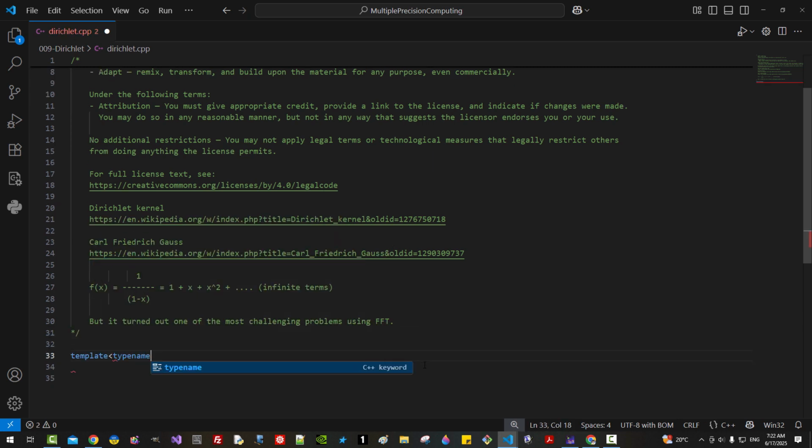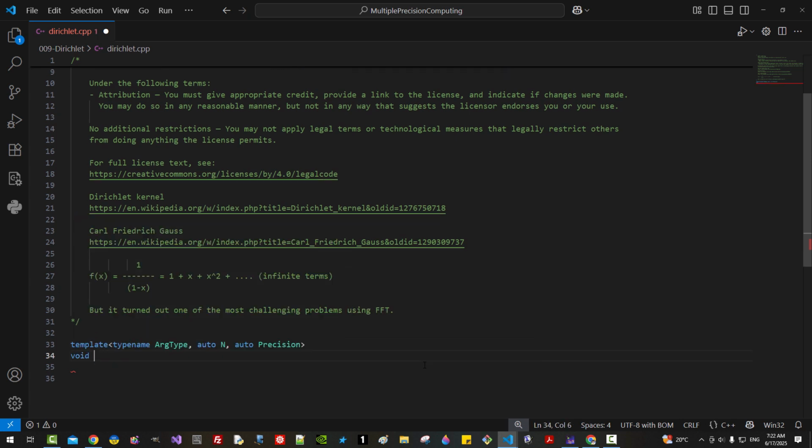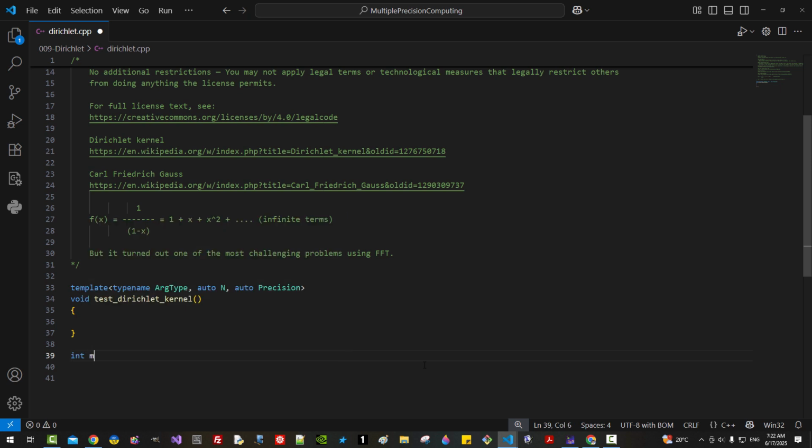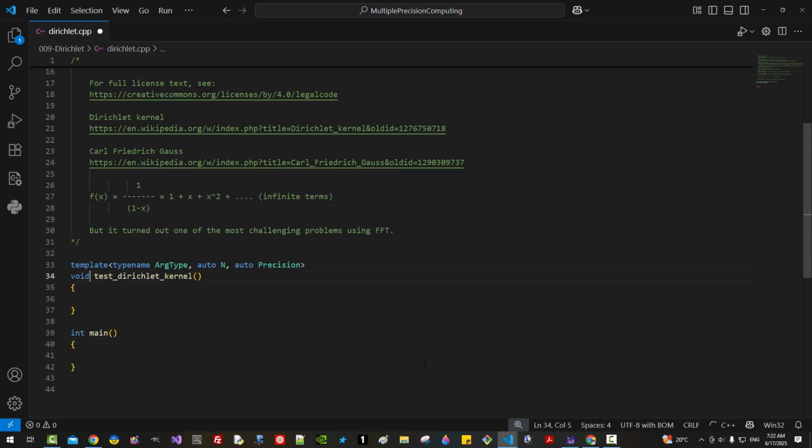Template, typename ARG type, auto N, auto precision. For the test, Dirichlet kernel. Int main, we are calling this function like this. ARG type would be long double.